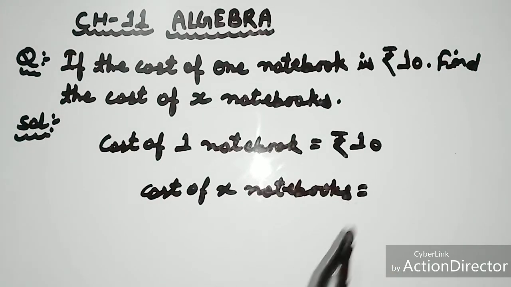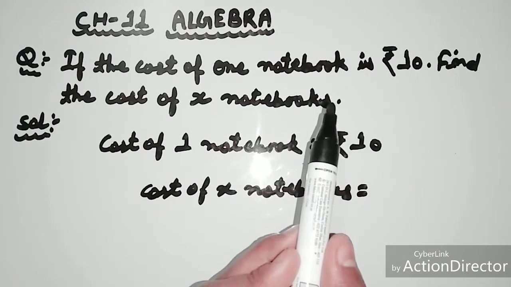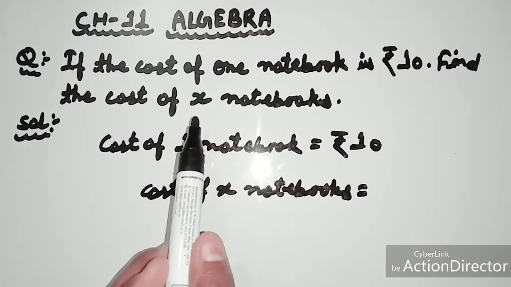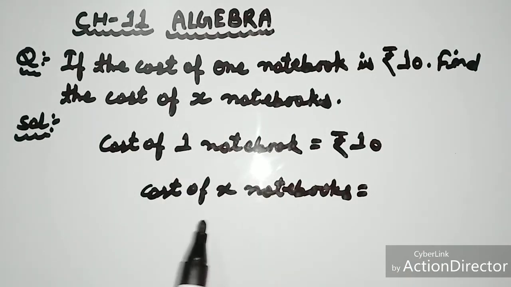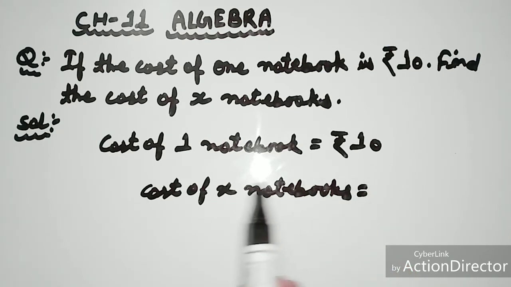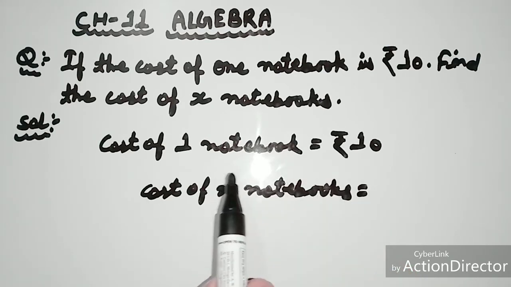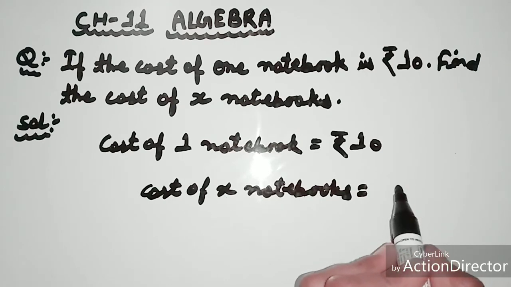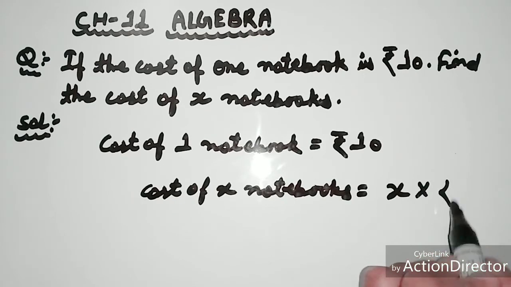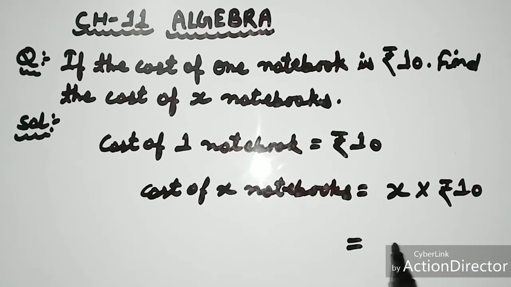Dear students, in these types of questions in arithmetic we simply multiply the cost of one notebook by the total notebooks. Here the total notebooks is x and the cost of one notebook is 10, so we multiply. In algebra we apply the same rule. So we multiply total notebooks by 10 rupees, and we get 10x. So the cost of x notebooks equals 10x.